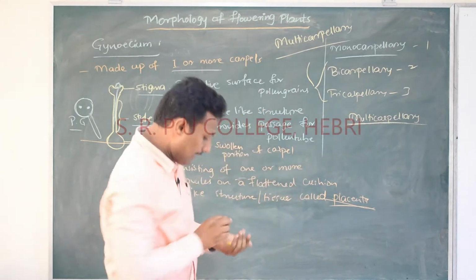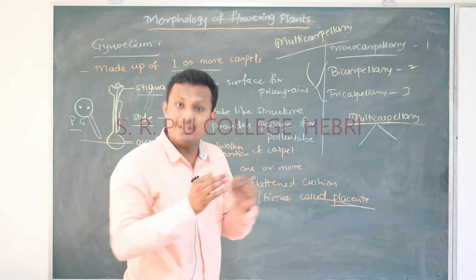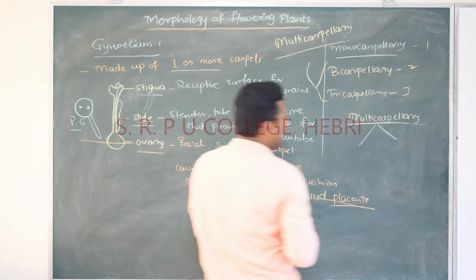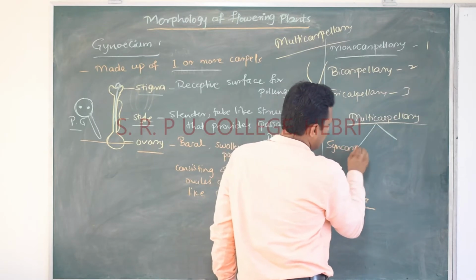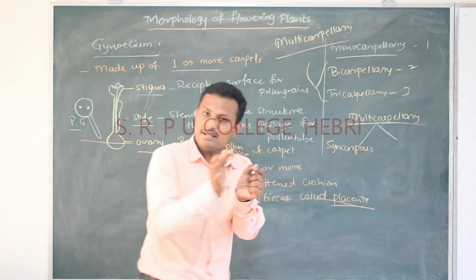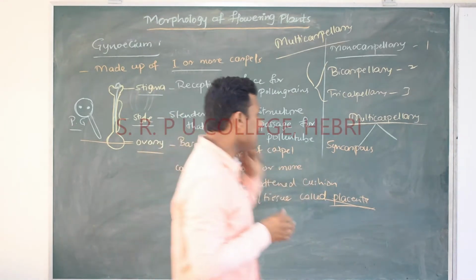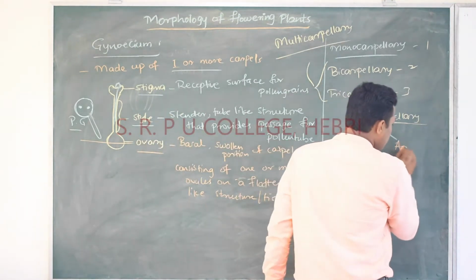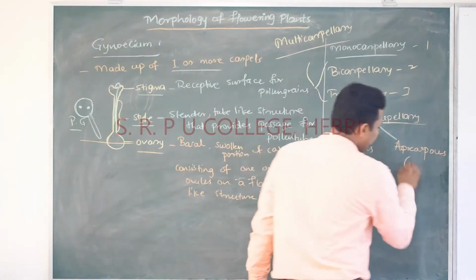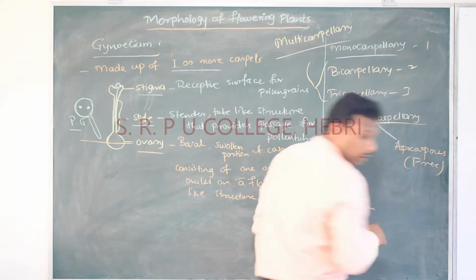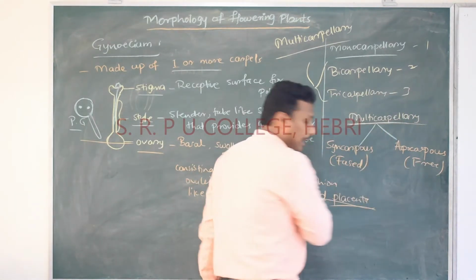Similarly here, if the carpels are fused with each other, it is called syncarpous condition. Syn stands for being together. Apocarpous means they are free, that is not fused, whereas syncarpous means fused carpels.